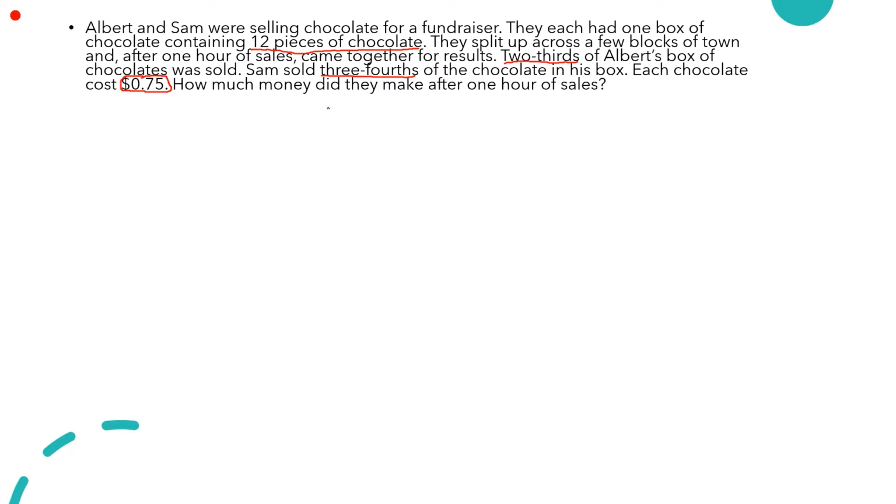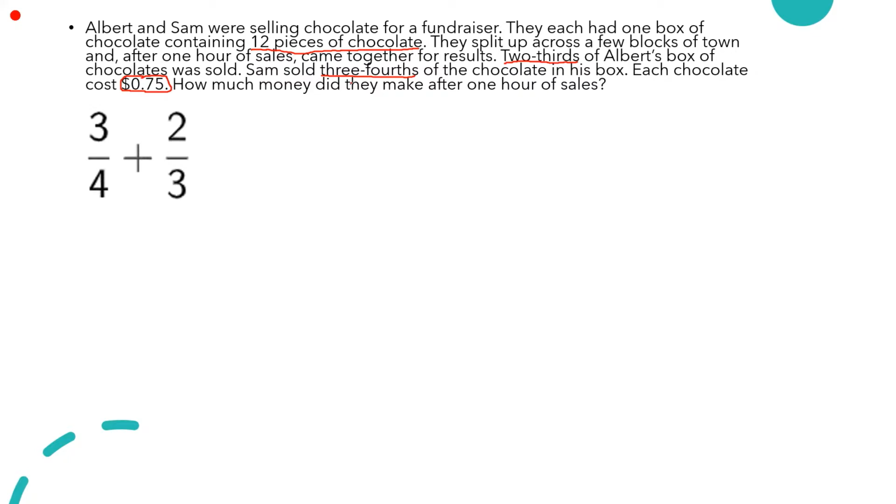So there's a couple of problems that we're going to have to solve here, and a couple of steps we're going to have to take. The first thing we're probably going to have to start with is figuring out what 2/3 of Albert's box of chocolates means in terms of 12 pieces of chocolate, and what 3/4 of the chocolate represents. So this turns into an adding fractions with unlike denominators problem.